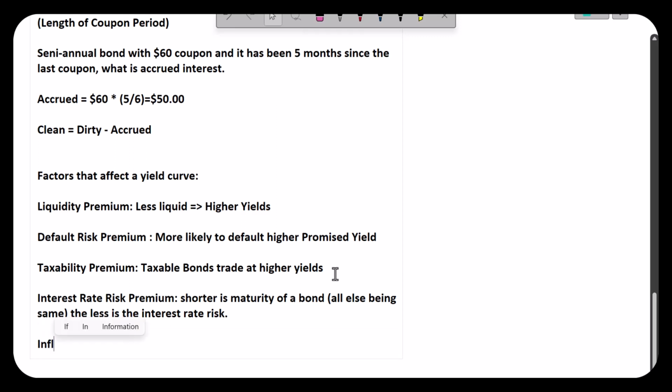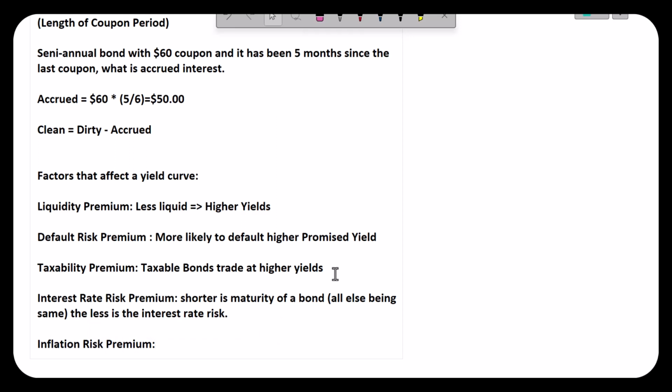And finally, we have the inflation risk premium. Let's think about two countries, and let's not worry about the exchange rate issues right now. Let's say one is Turkey, the other is the US. Expected inflation in the US over the next 30 years, at worst 2.5, right?